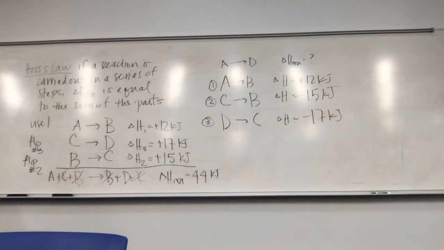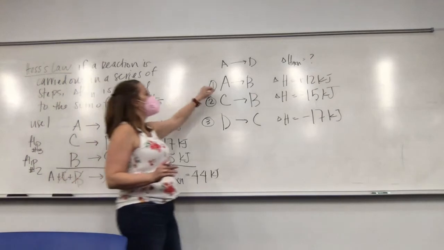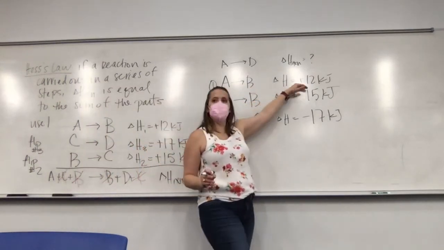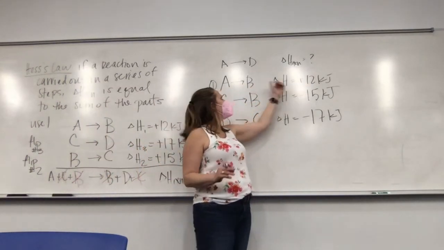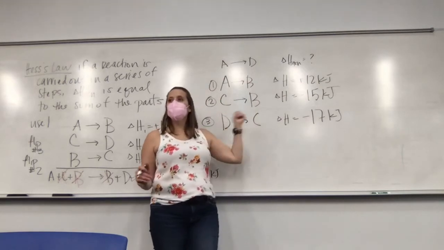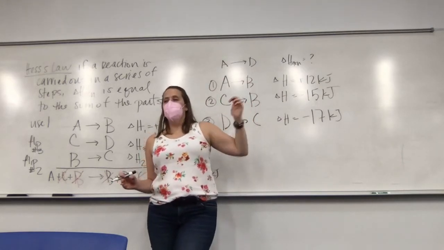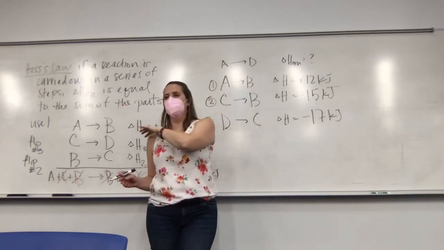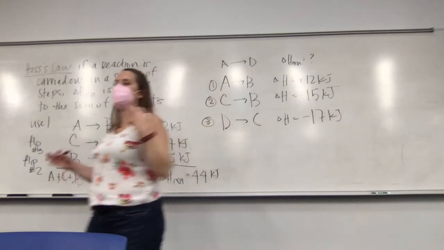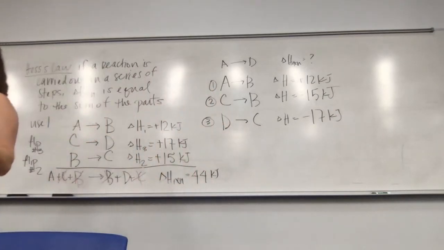So in order to go from A to B, you have to put in 12 kilojoules of energy. To go from B to A, it should put out 12 kilojoules of energy, which is what the negative means. It means it's leaving the system in that case. Good question. Other questions?